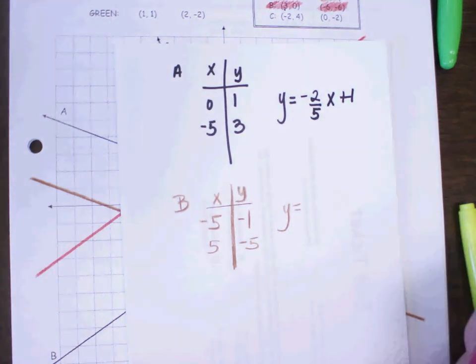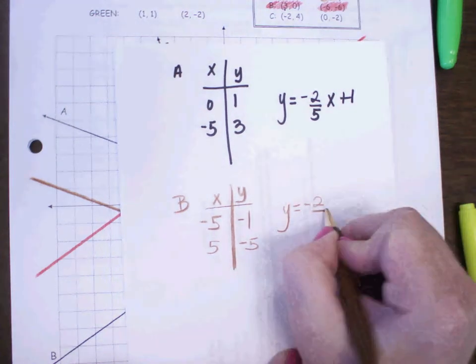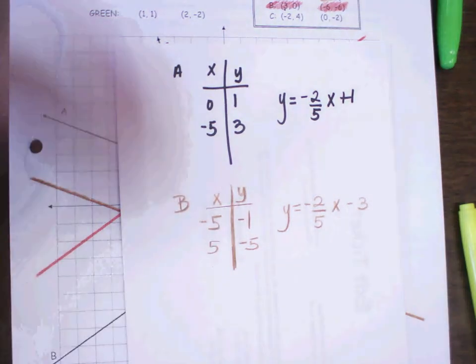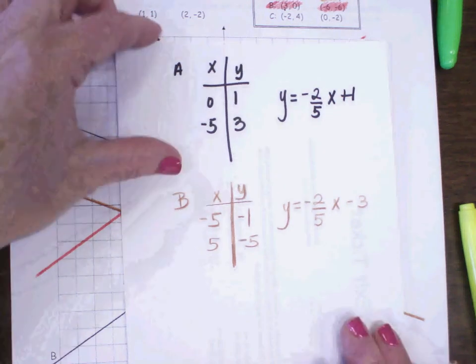Go ahead and do the stat and come up with the equation of the line for the brown line. Y equals what? All right, so are the slopes the same? All right, so it seems that in parallel lines, slopes will be the same.